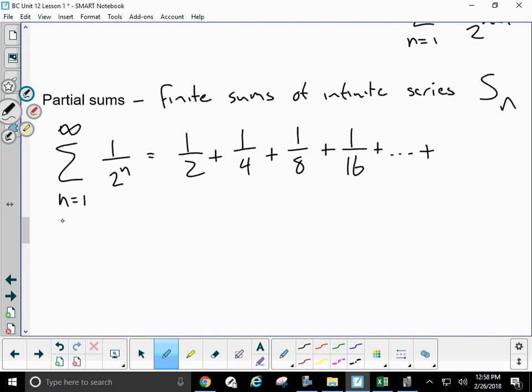Okay, and our first partial sum would just be our first term. Our second partial sum would just be the first term plus the second term. Our third partial sum would be our first plus our second plus our third.